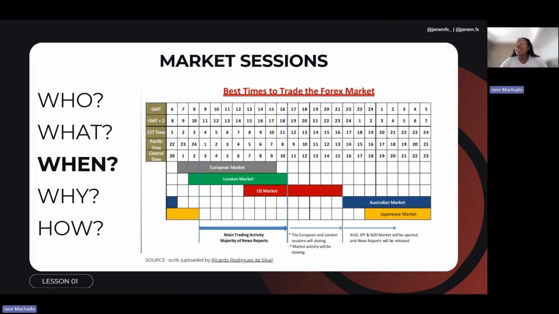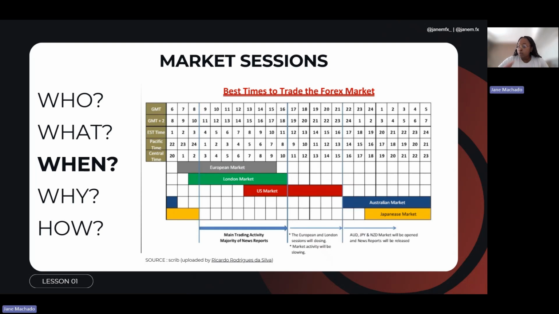You can operate any market that you want, as long as you understand what usually happens at that specific market session for the specific pair of currencies that you are operating on.